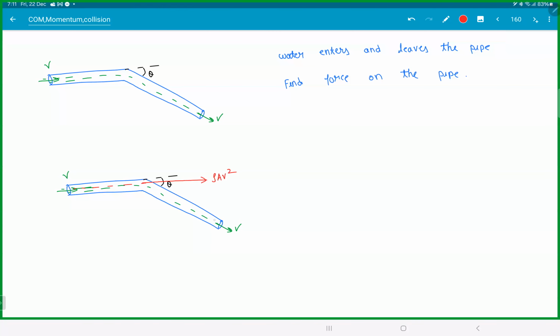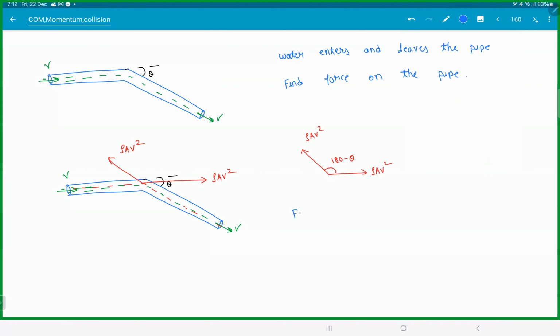Similarly, when the water jet leaves, by Newton's third law, it will push the pipe back with rho A v square. When the water is entering, it is taking a turn, so the force will be rho A v square in the forward direction. When the water is leaving the pipe, it will push the pipe back with rho A v square. So we have rho A v square, rho A v square, and the angle is 180 minus theta.